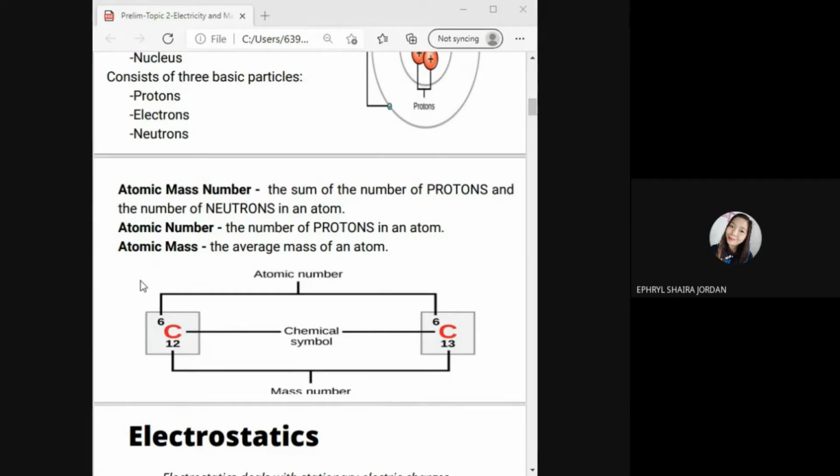It is usually located at the upper left of the chemical symbol, and the atomic number is located at the bottom of the chemical symbol. The atomic number is the number of protons in an atom. Meanwhile, the atomic mass is the average mass of an atom.